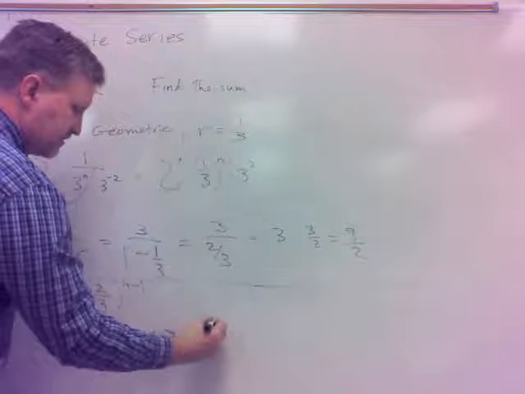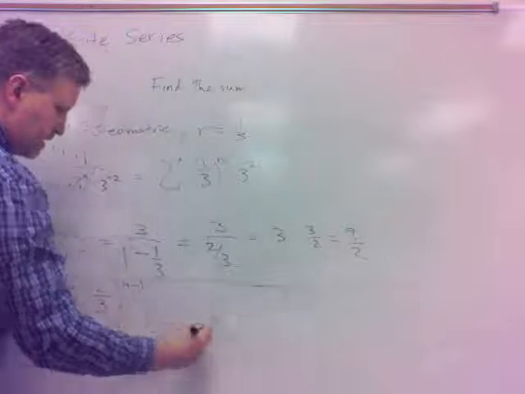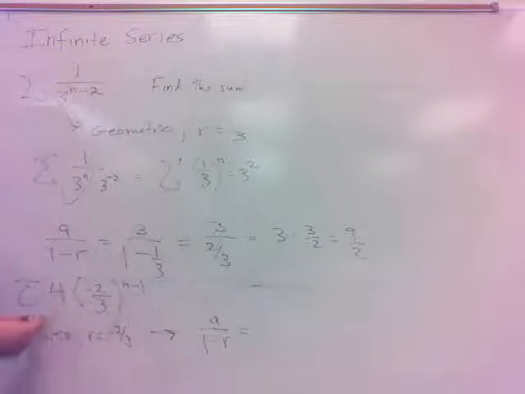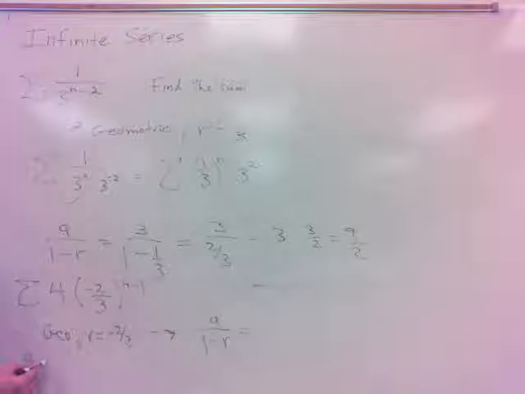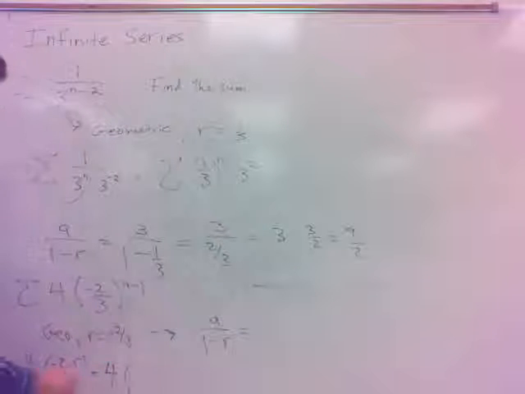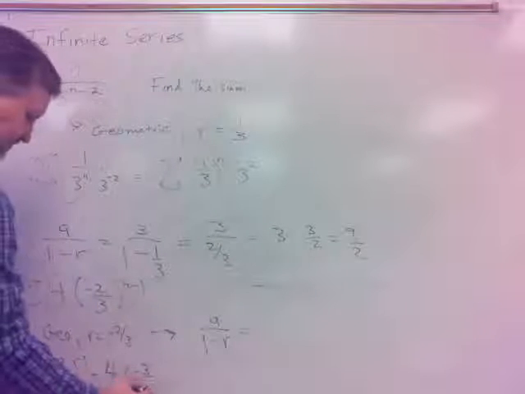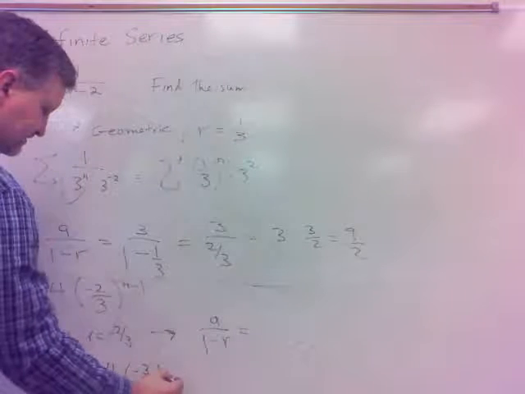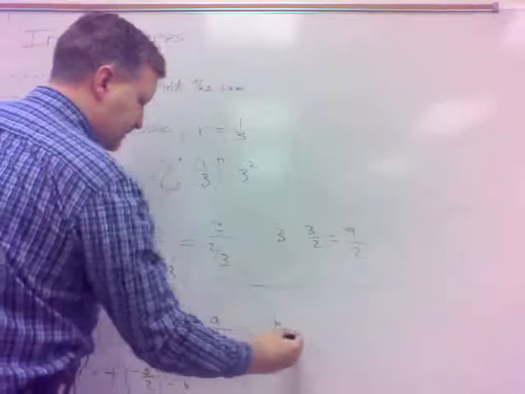The sum is going to be a over 1 minus r. First term would be 4 times negative 2/3 to the 0, since 0 minus 1 is negative 1. What you got there? 4/3 basically times -3/2, wouldn't it? Which is -6. -6 first term.